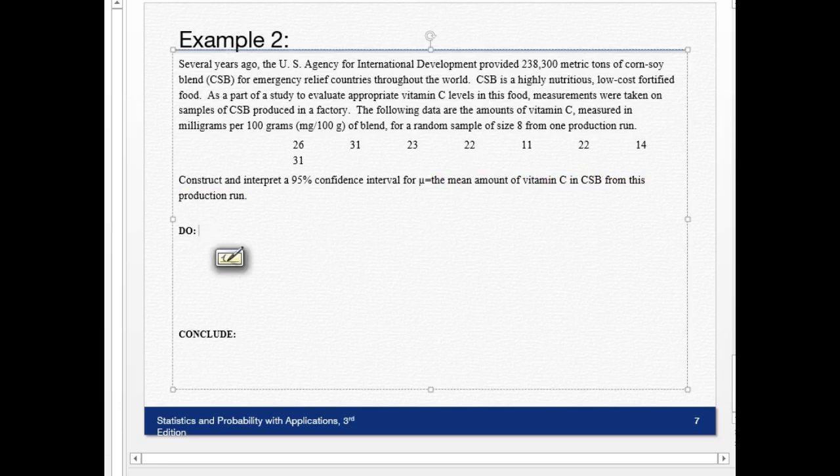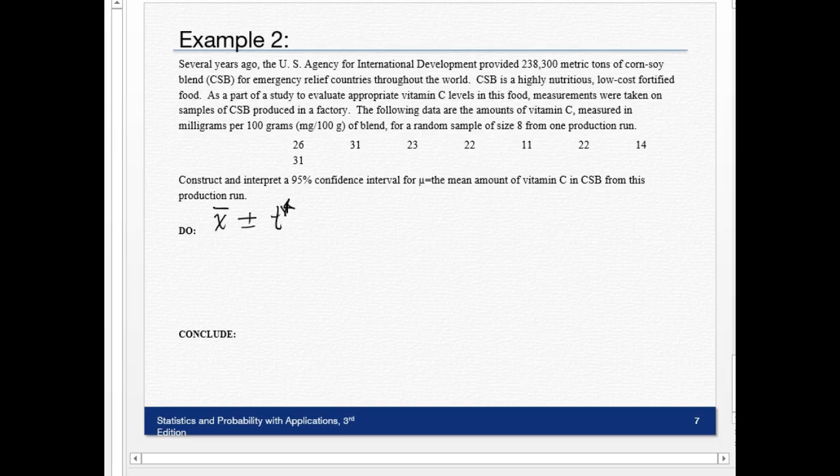All right, so to do this in your calculator, remember our formula. It's going to be x bar plus or minus t star times s over the square root of n, right? Well, we need to put our data in a list in the calculator for this to work.